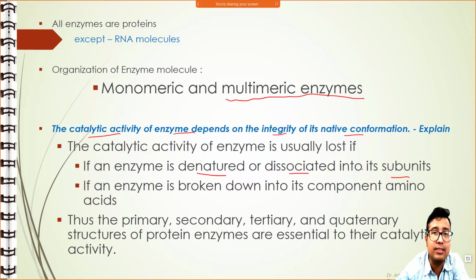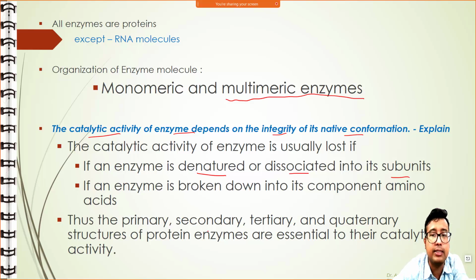If a multimeric enzyme is dissociated into its monomeric subunits by heat or by extremes of pH, or any reagent or condition that will cause denaturation of proteins, the enzyme activity will be lost. Not only that, if an enzyme is broken down into its component amino acids, that is single subunits, the enzyme will also lose its function.